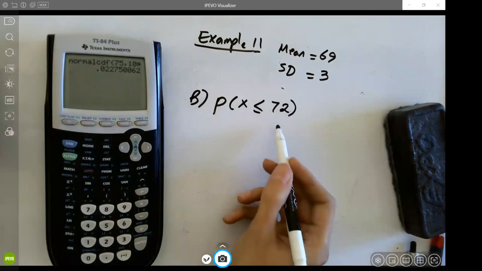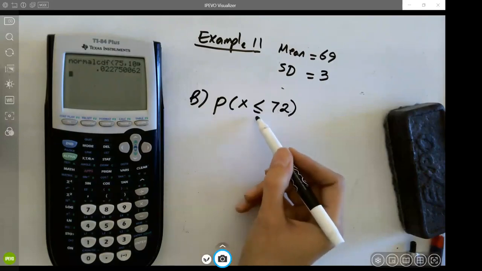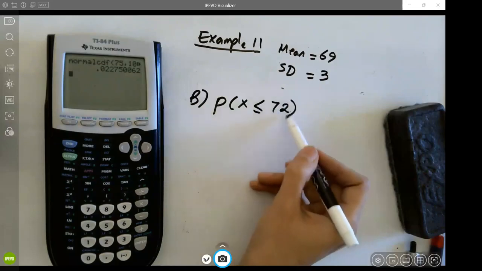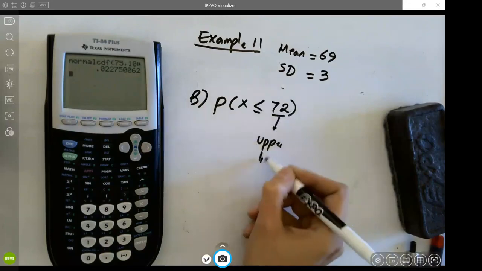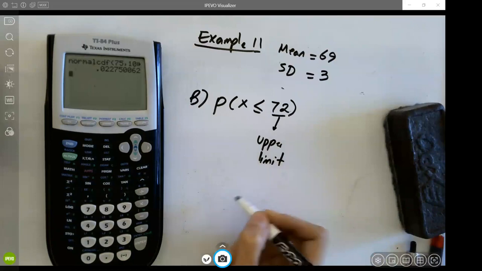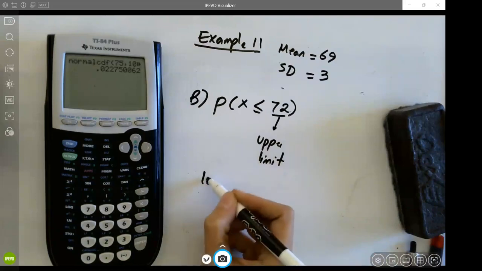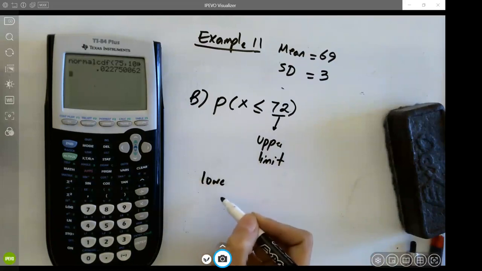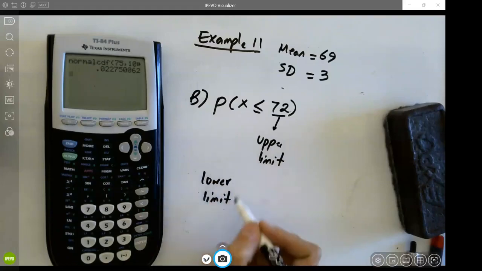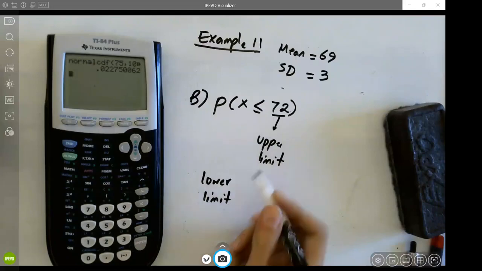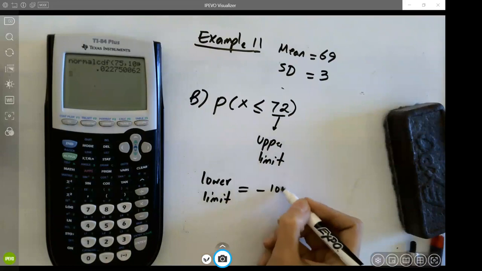In this case, it says X is less than or equal to the upper limit. So upper limit is given to us. What's the lower limit? The lower limit is going to be a very small number. In this case, your lower limit is going to be a negative small value, like negative 1,000.